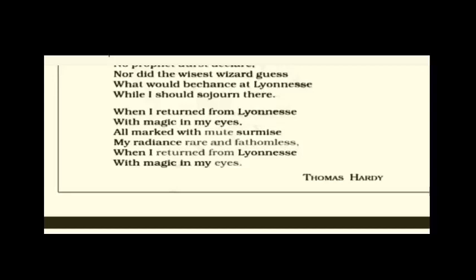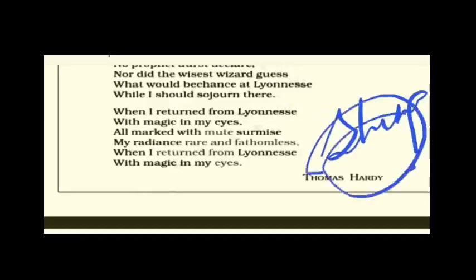This magic refers to that wonderful glow he had in his eyes when he came back from that imaginary place called Lyonesse, right? So when he returned, there was this magical sparkle or shine in his eyes, all marked with mute surmise.